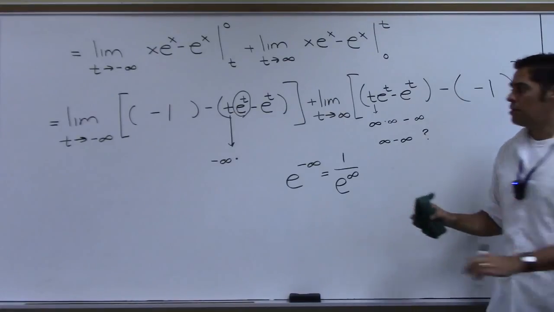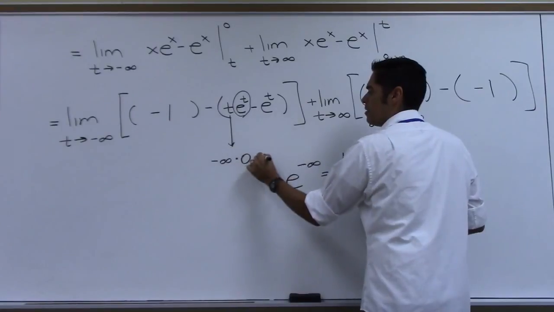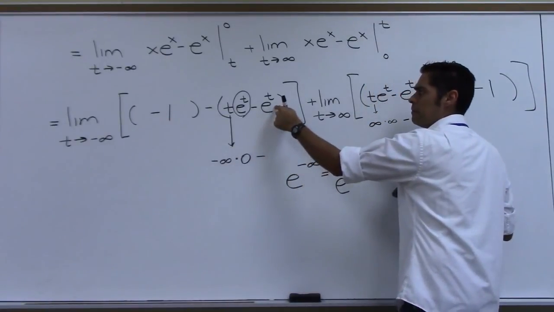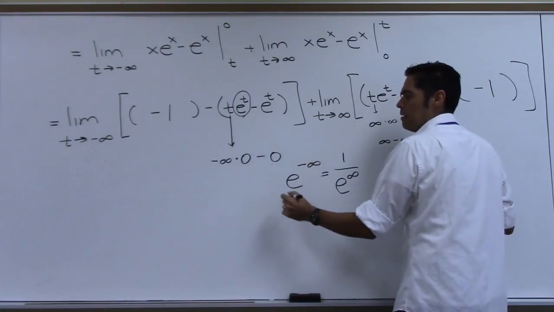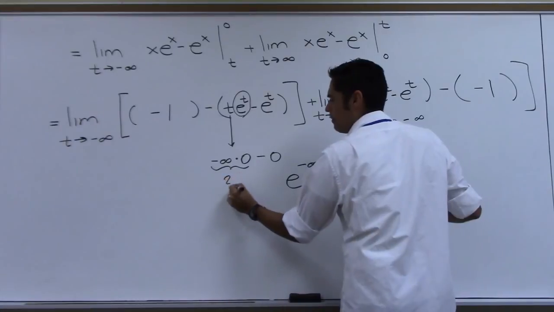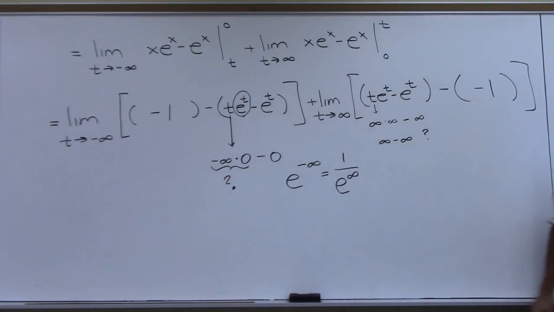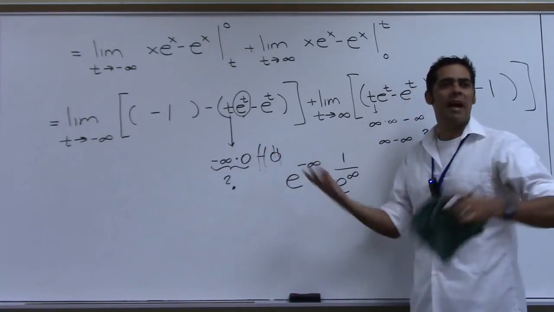Yes? So this guy right here is headed to 0. And then minus, what is this one headed to? Same thing, e to the negative infinity, that goes to 0. What is this? An indeterminate form. We actually don't know. Again, that's a Calculus 1 problem. That's something we scratched our heads about in calculus, and we had a way of getting around it. Subtracting 0 from it doesn't really matter, so that doesn't really factor into much.